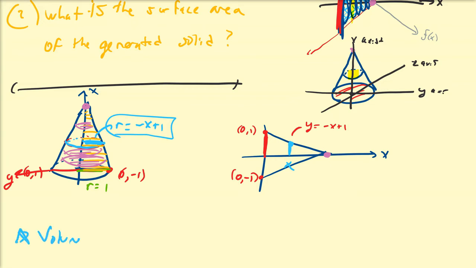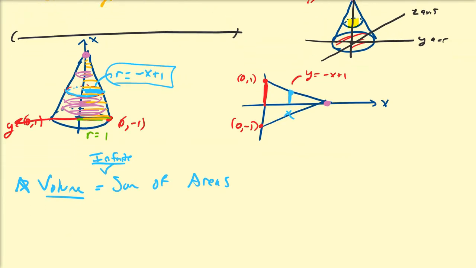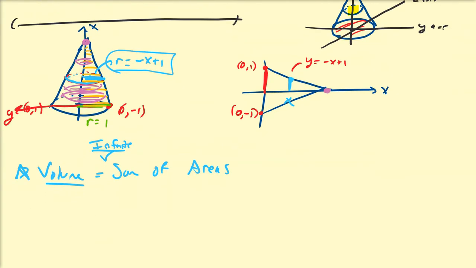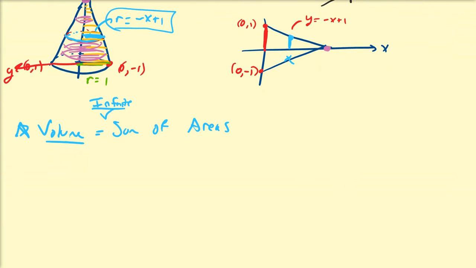The volume is the sum of areas, and it's almost like an infinite sum since it's a continuous space that we're filling up. Remember that integrals are also an infinite sum, because an integral is the limit of a Riemann sum. So let's see if we can formulate this in terms of integrals.